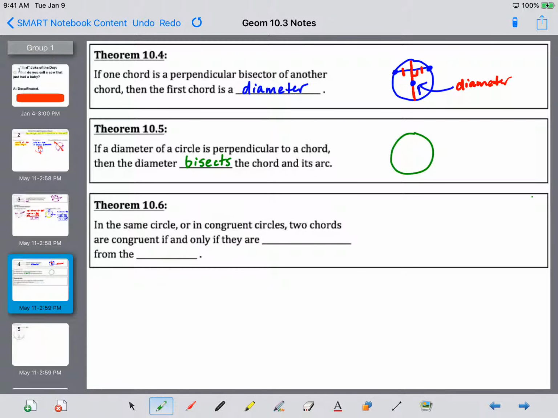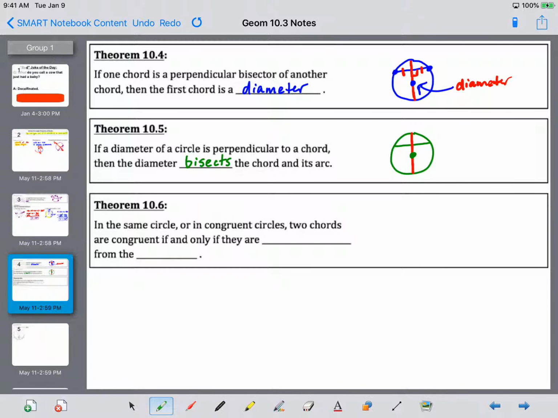And then if we draw a chord in there, so just draw a chord anywhere you want. And if we have that the diameter is perpendicular to that chord, so let's say we've got the diameter here, so we already know this is the diameter, so it goes through the center.